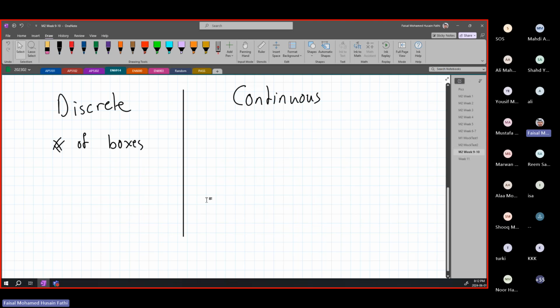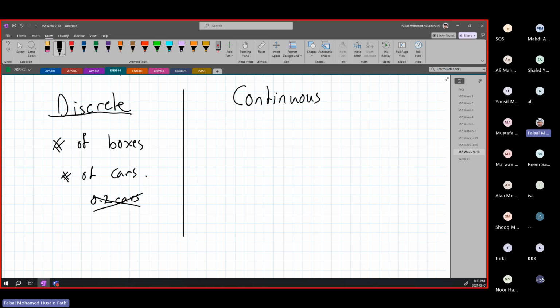You can count how many boxes you have. You have 1, 2, 3, 4, 5, 6, 7, 8 boxes, or number of cars, all right, or something like that. So their values, their data that you can actually count one by one, and you do not usually have a decimal point with them. So you cannot say you have 0.2 cars, all right? You cannot say that. So these are discrete data, something that is easy to count.